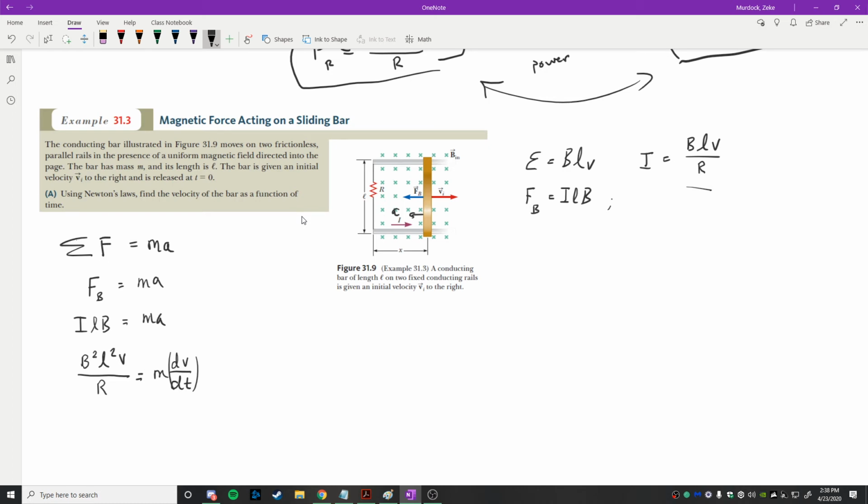Alright, our goal is to find the velocity as a function of time. What do I need to do next? Separate variables, yep. So we need to basically get the v on the right-hand side and everything else on the left-hand side, right? So we're going to have dt.